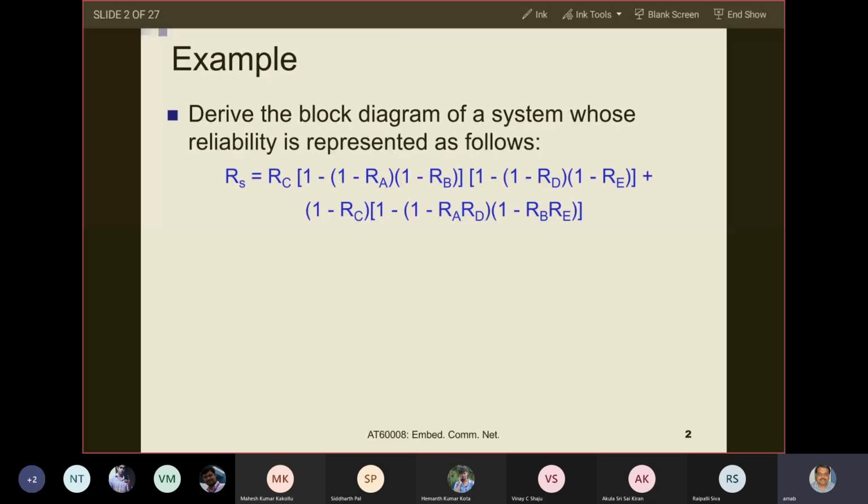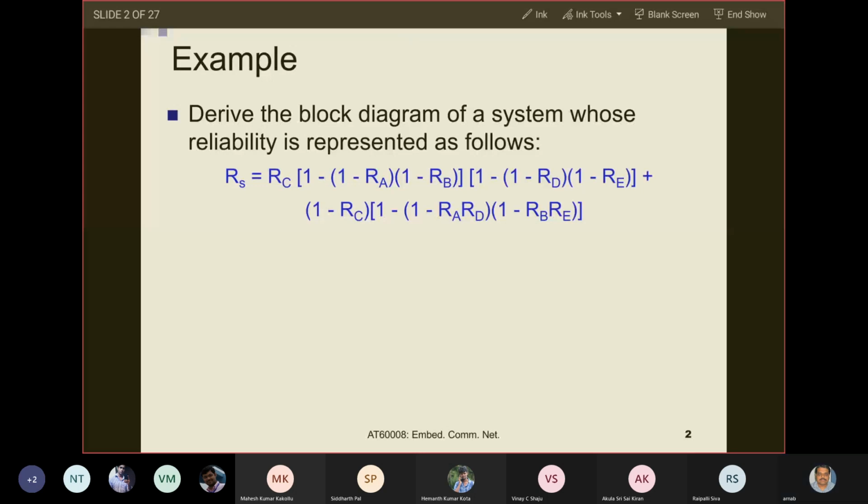What your manager now wants is, given this equation for system reliability, you need to derive the structure of the system. So can we try to do so using whatever knowledge that you have from yesterday's class regarding series and parallel systems?